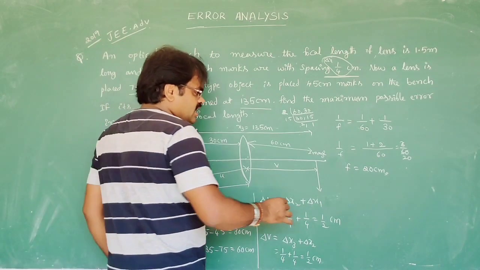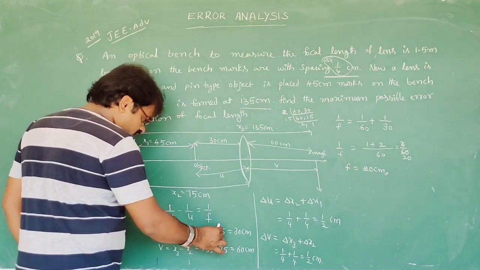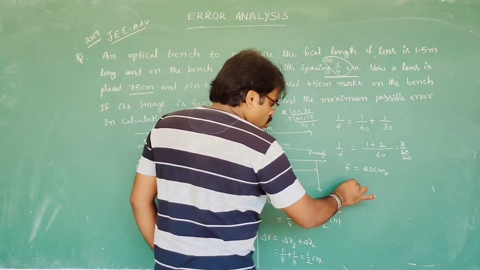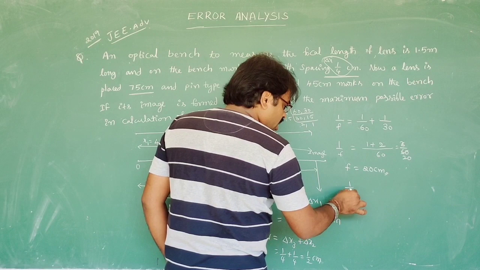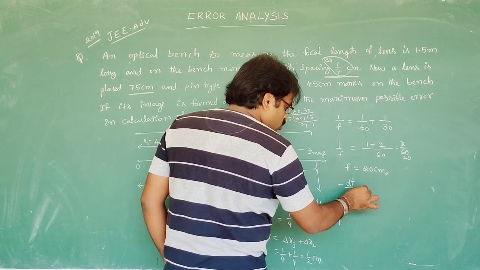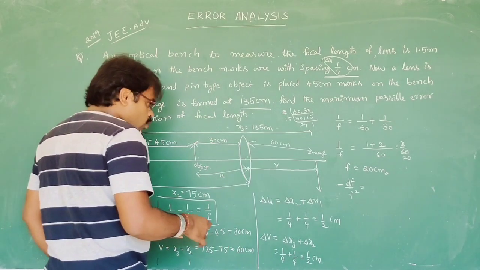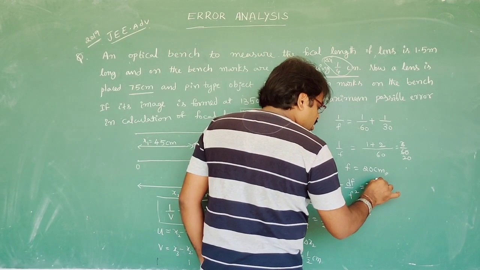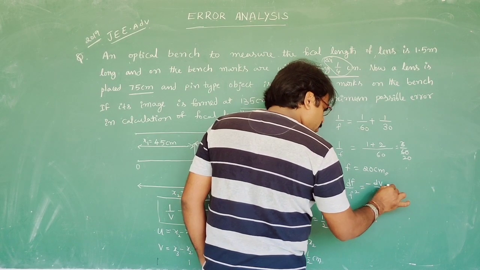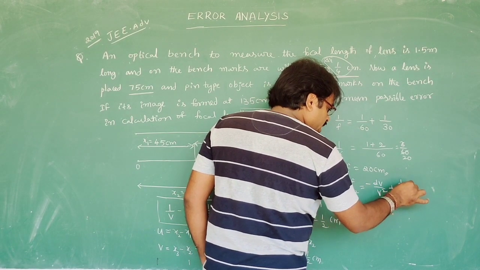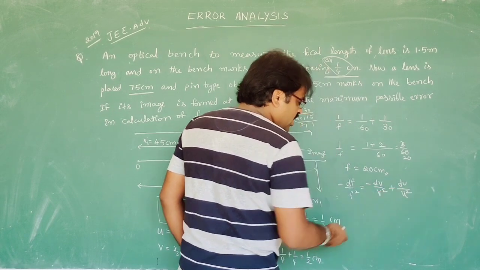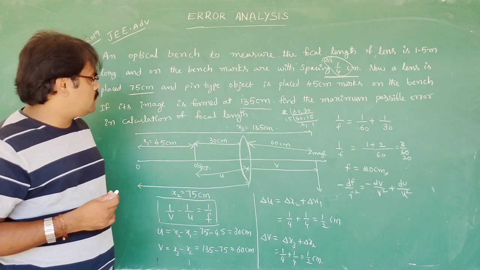Now we want the error. Error means we are differentiating this formula. That is, df by f square is equal to minus dv by v square plus du by u square. But here we want the maximum possible error.